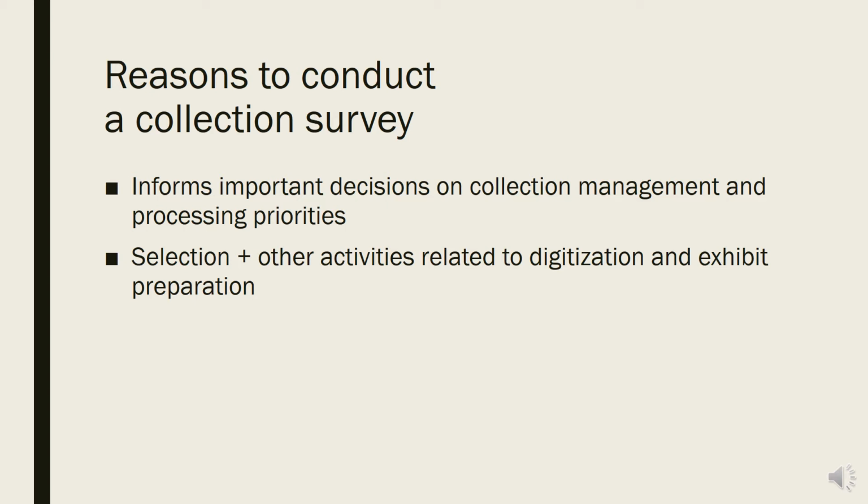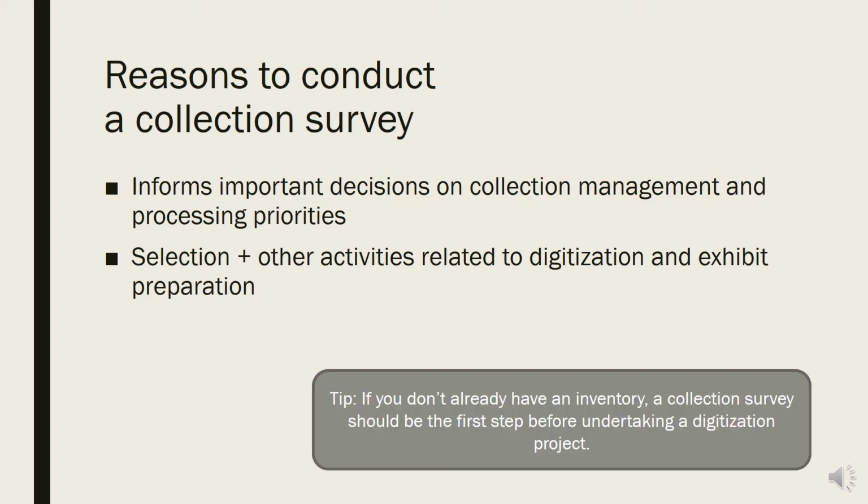For a better informed digitization plan, an item-level survey that also records how many scans a collection consists of will also help scale the project, especially if digitization will take place in-house. If you don't already have an inventory, a collection survey would be the absolute first step before undertaking a digitization project.